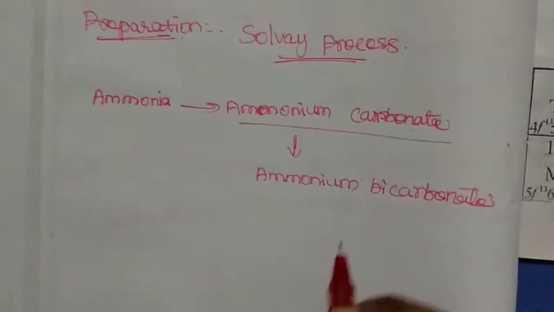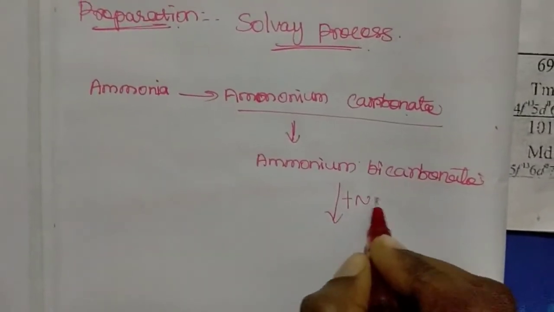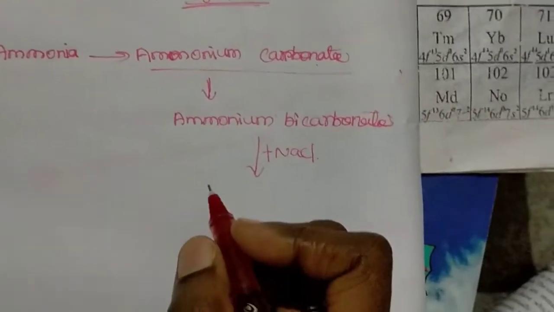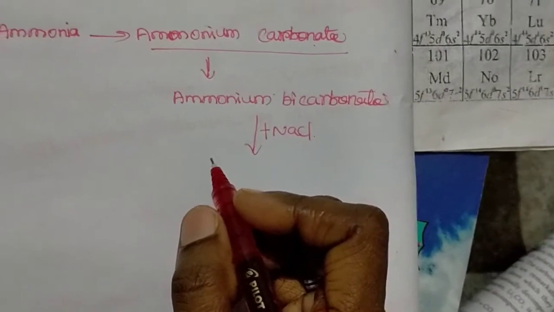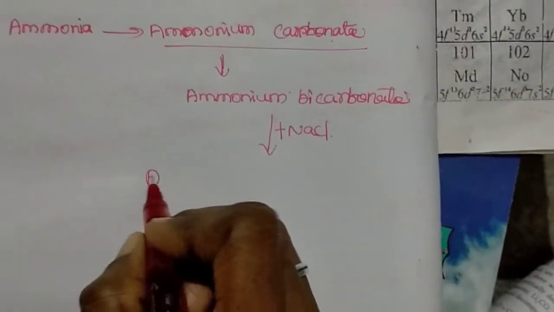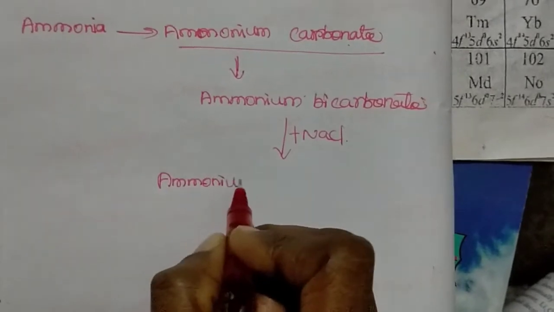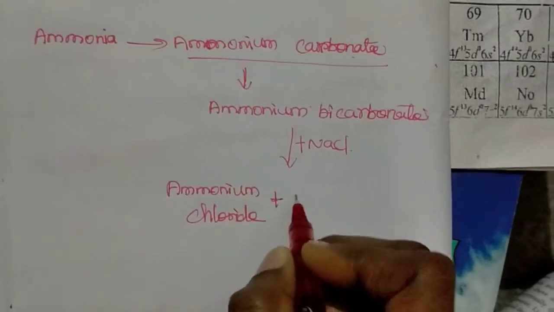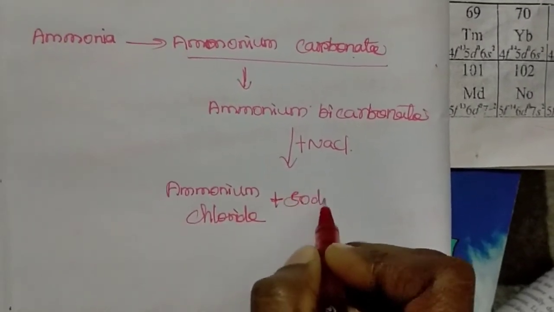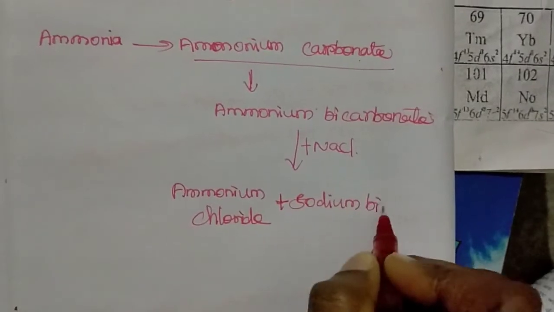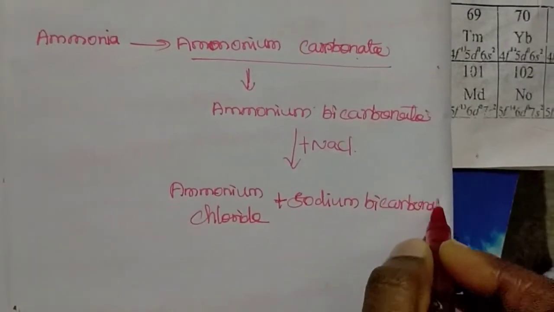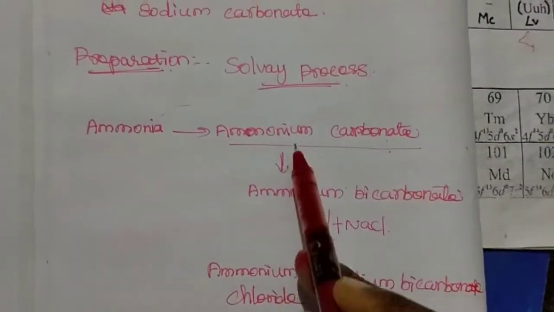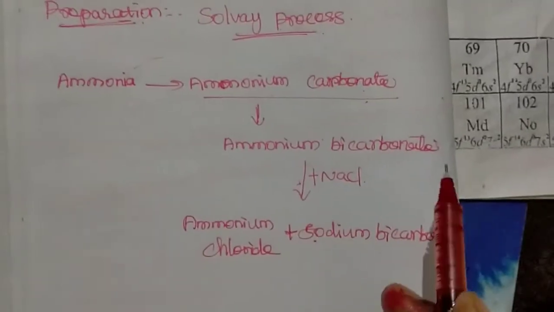Again, treat this ammonium bicarbonate with sodium chloride and it becomes 2 products, ammonium chloride and sodium bicarbonate. This is the first step, second step, third step and fourth step.